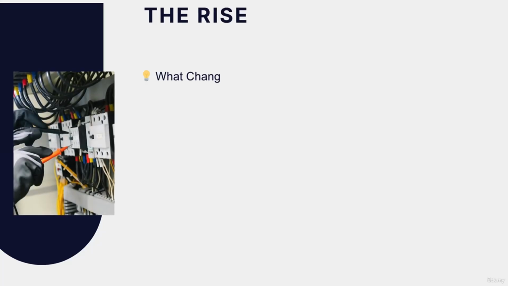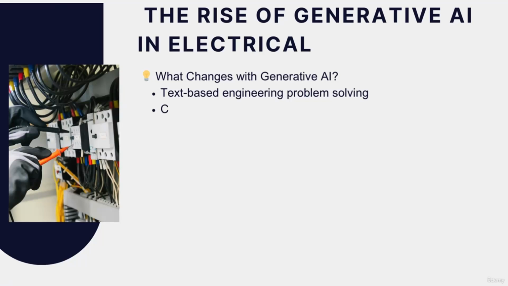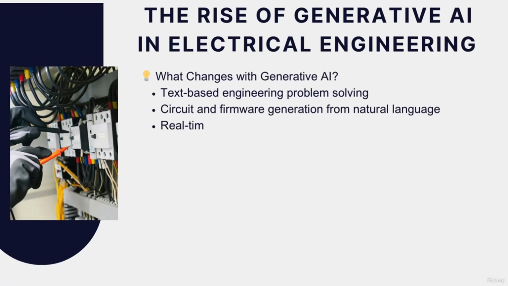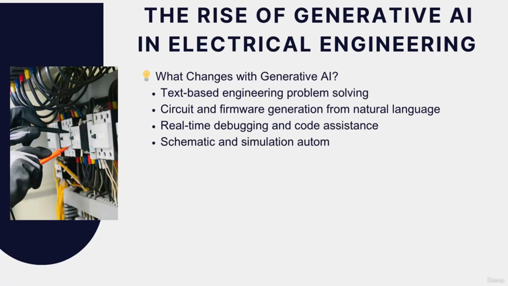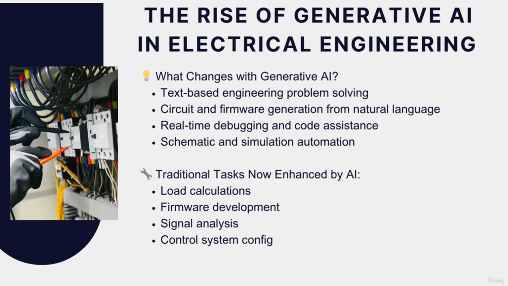Generative AI is revolutionizing the way electrical engineers solve problems. Instead of relying entirely on manual design iterations and software-specific skills, engineers can now use natural language to describe tasks, and AI tools generate relevant circuit schematics, simulation scripts, or embedded code.